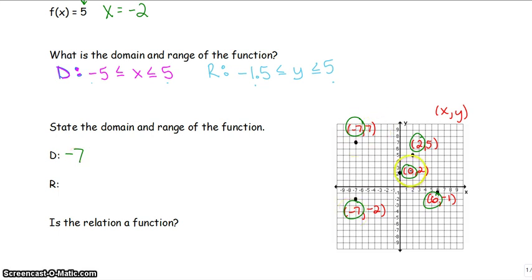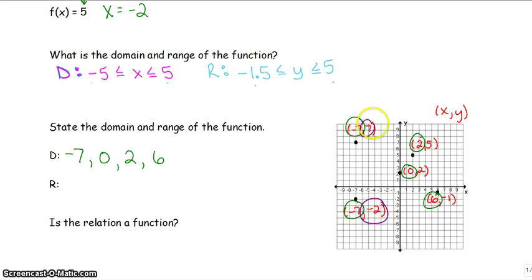We've got 2 of those. Our next smallest is 0. And then we've got 2. And then we've got 6. So we have 4 different x values. We're not going to write the -7 twice. That's just being repetitive.